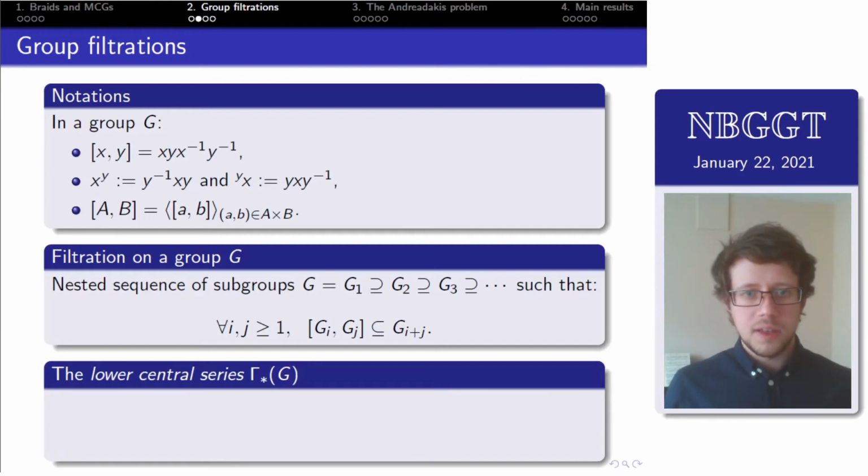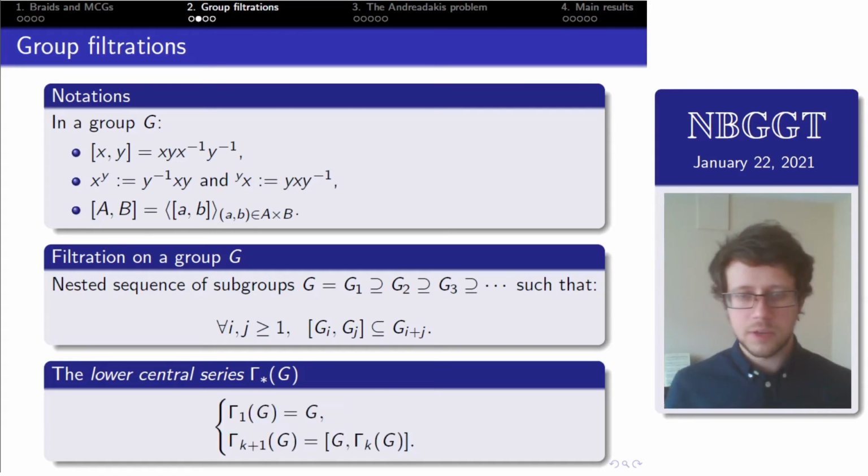So the lower central series of a group is one fundamental example of such a filtration. Let me remind you rapidly of the usual definition. We begin with the whole group, and then at each step, we take the commutators of the whole group with the previous step of the filtration.